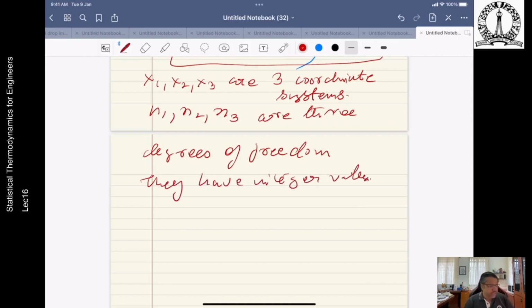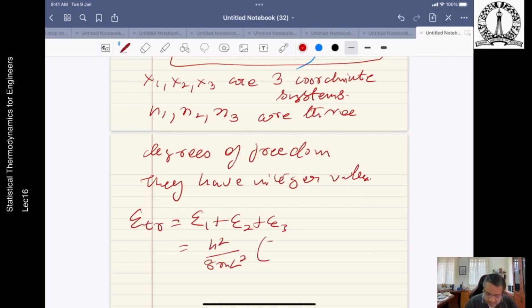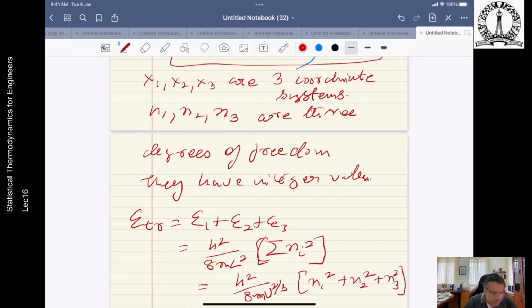So the total translational energy is E1 plus E2 plus E3, which is h squared over 8 m L squared times the summation of n_i squared. That is h squared divided by 8 m V to the power 2/3, times n1 squared plus n2 squared plus n3 squared, where V is equal to L cubed, which is the volume.